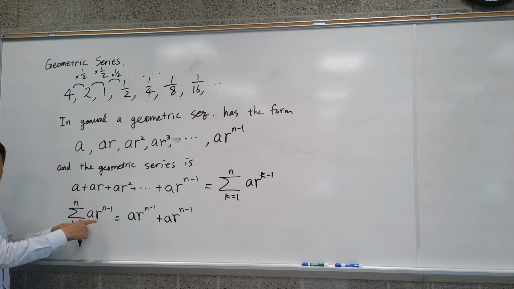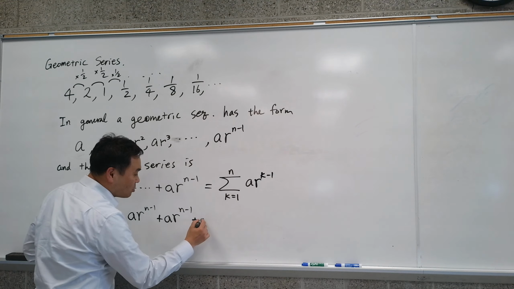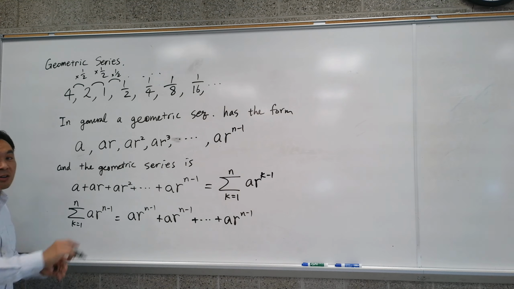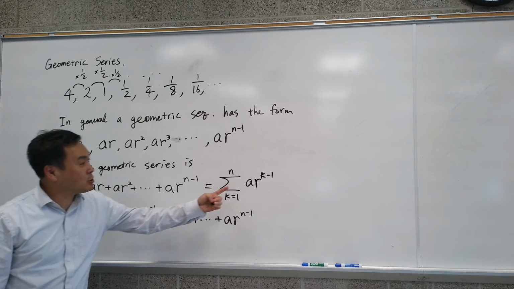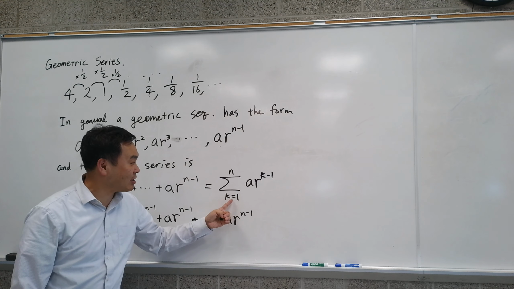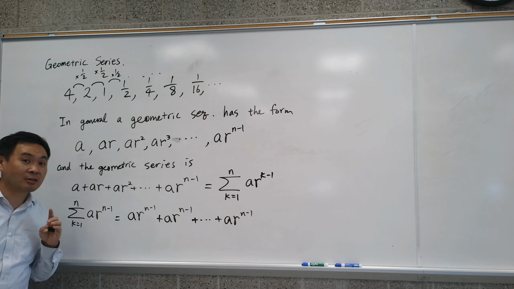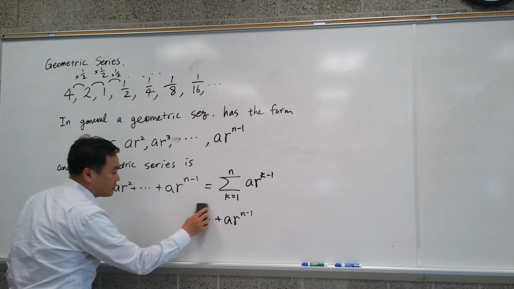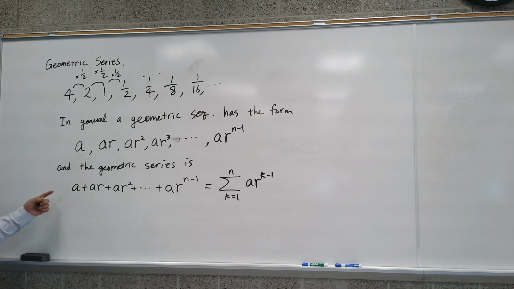Because this has no k in it, so it never changes. It's always this, right? So you just end up adding a r to the n minus 1, n times. That's what this does, okay? Only when you put k, that k is going to change as you change the value of k, and it's going to produce all of these. Is that good? All right. Okay. So this is the series that we want to learn, okay?